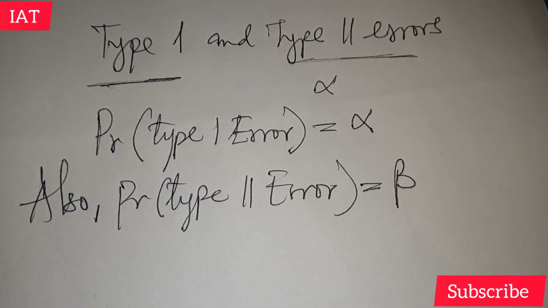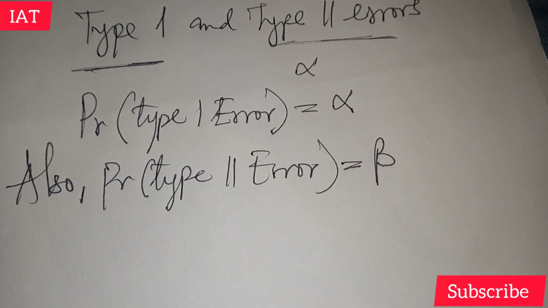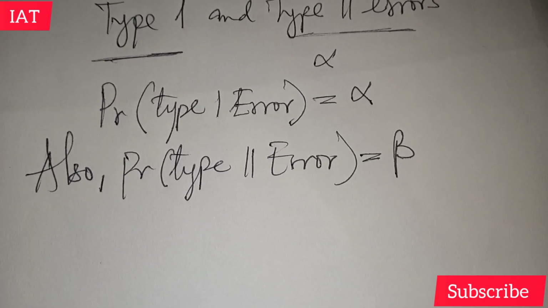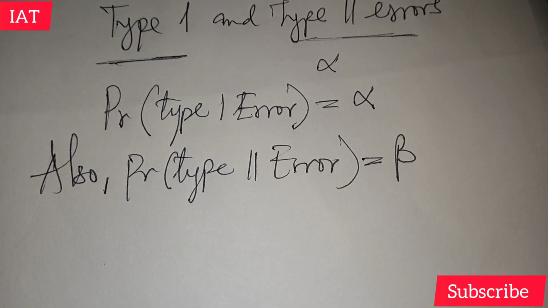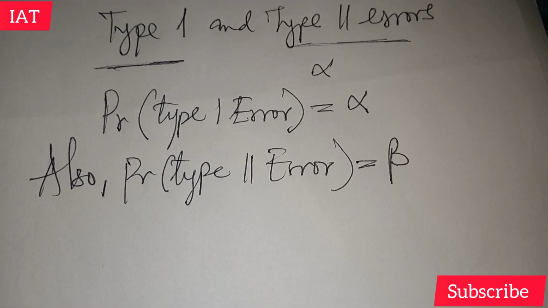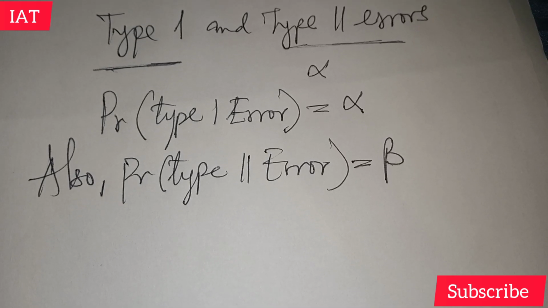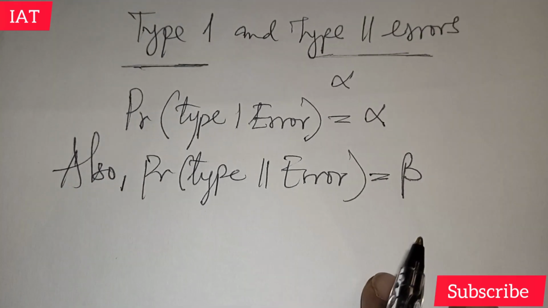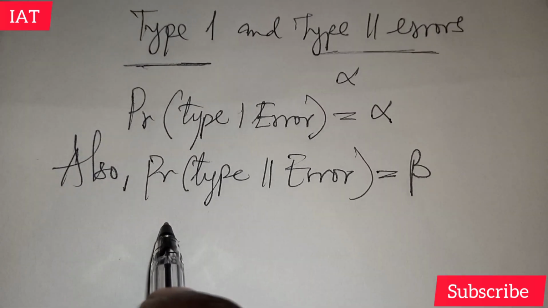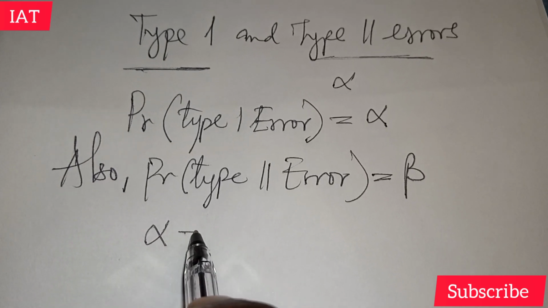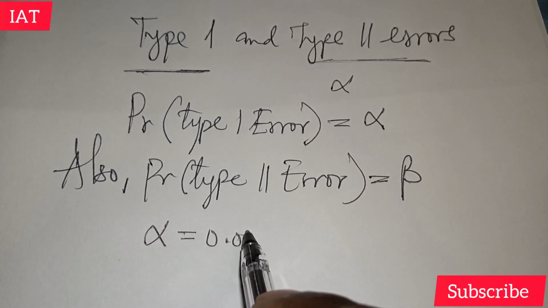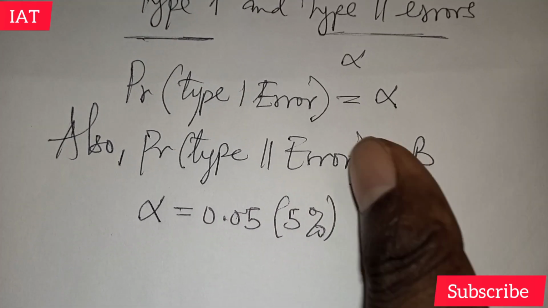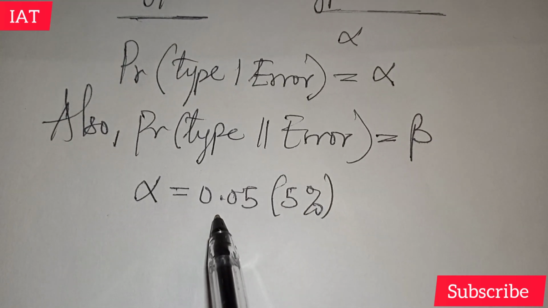But you should take note that in testing a given statistical hypothesis, the maximum probability with which we would be willing to risk a type 1 error is called the level of significance of the test. In practice, like we've stated earlier, we usually have the level of significance equal to 0.05, which is 5%, because when you divide 5 by 100, you get this.